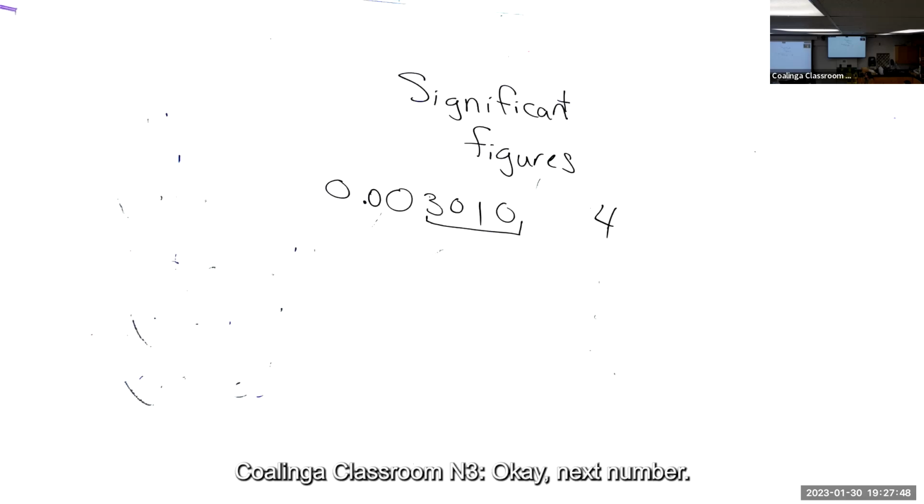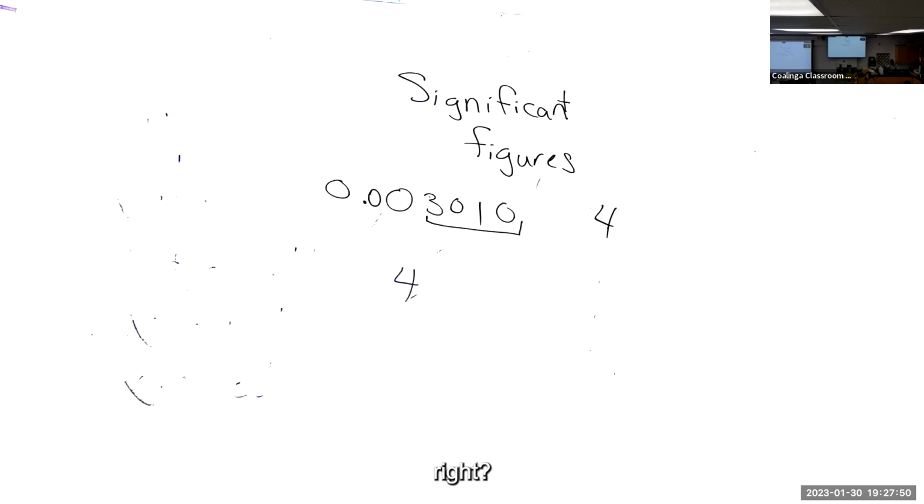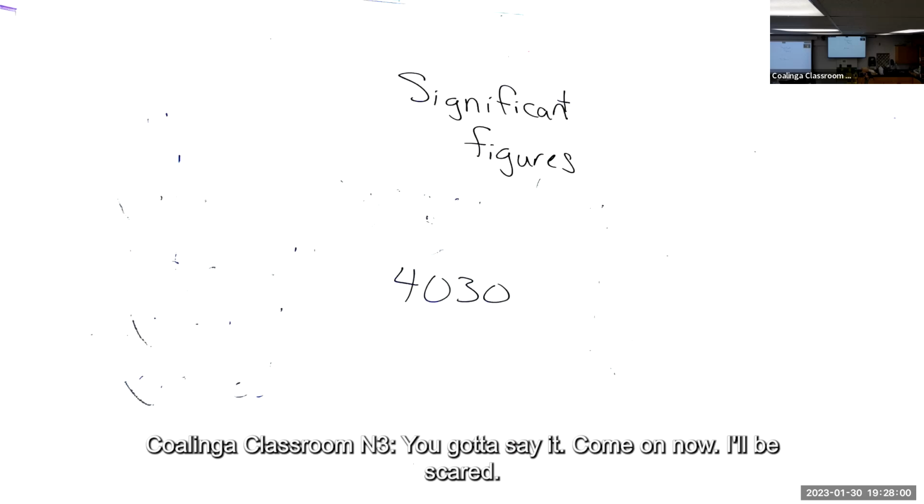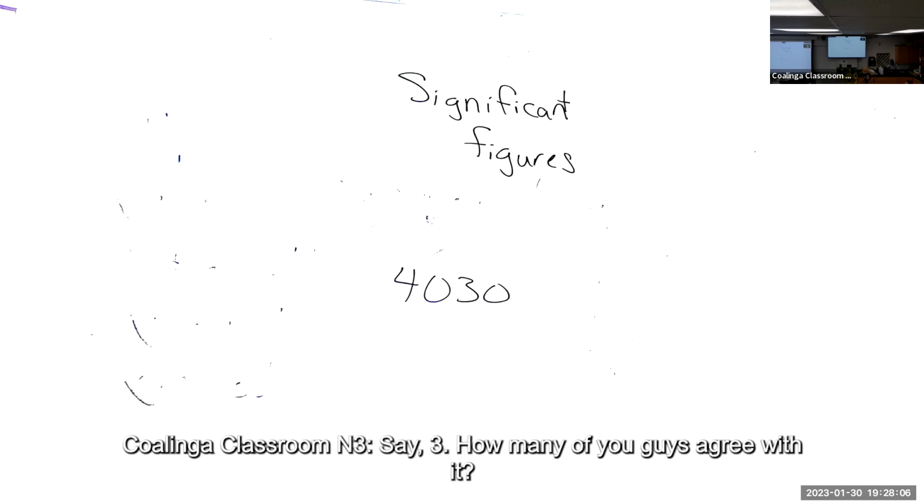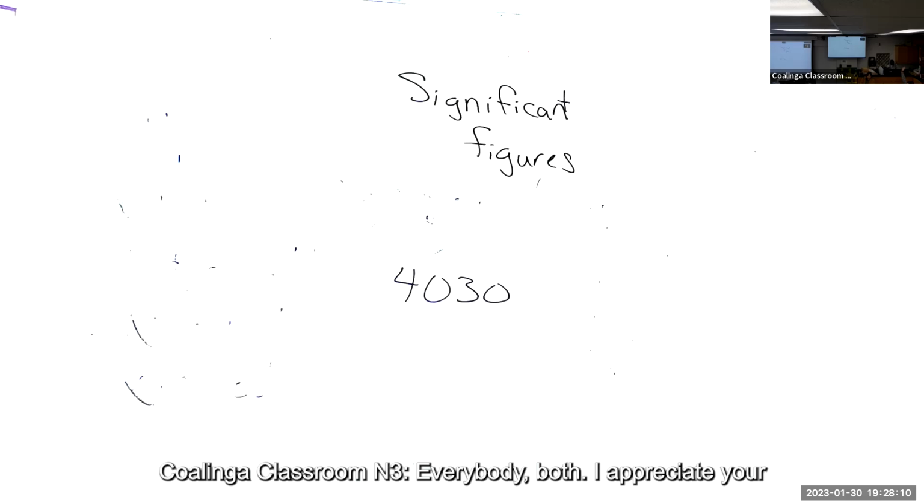Okay. Next number. Ready? You said 3? You gotta say it. Come on now. Don't be scared. There's no reason to be scared. Either we're wrong or right. It's okay. Say 3. How many of you guys agree with it? Remember, everybody votes. Gotta raise your hand if you agree.